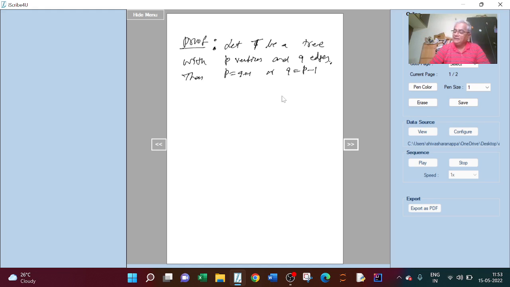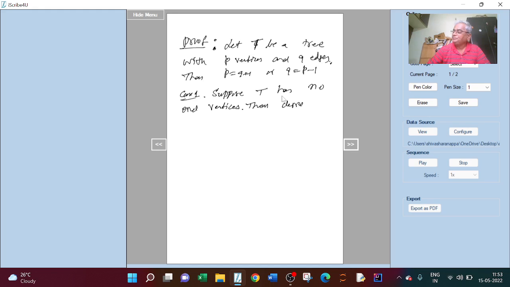Now here, if possible, we consider case 1. Suppose T has no end vertices. Then what happens?